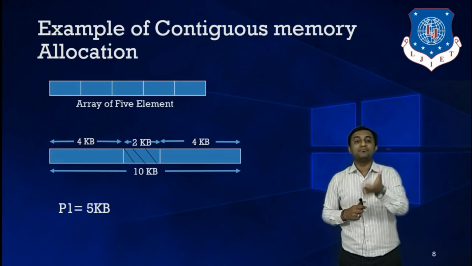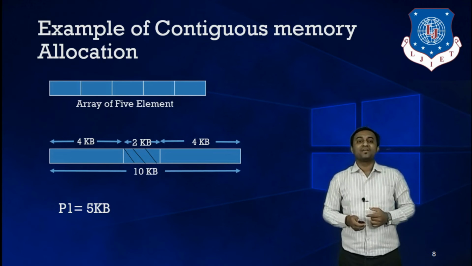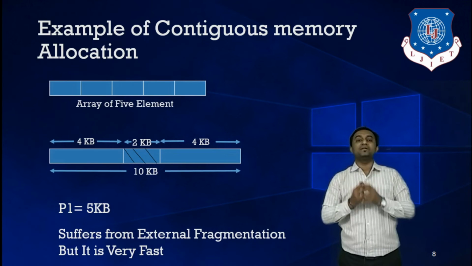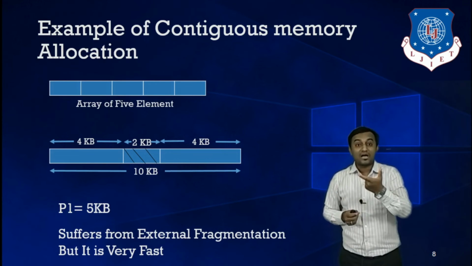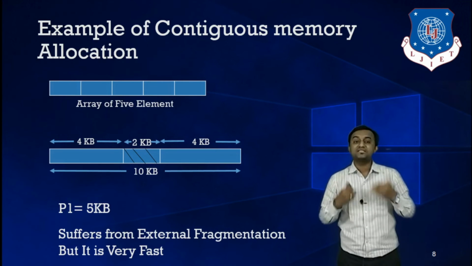That is the main disadvantage of contiguous memory allocation, and that disadvantage is nothing but external fragmentation. Contiguous memory allocation policy always suffers from external fragmentation.